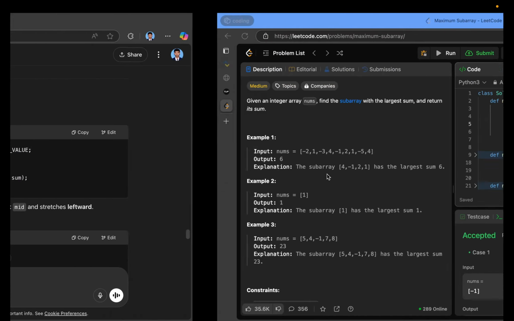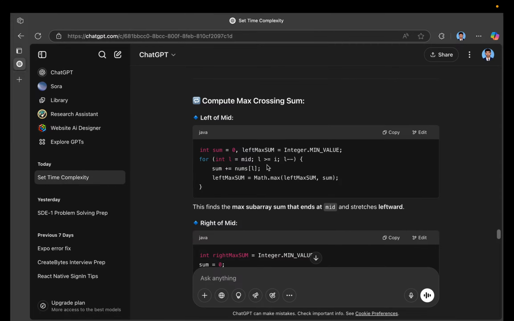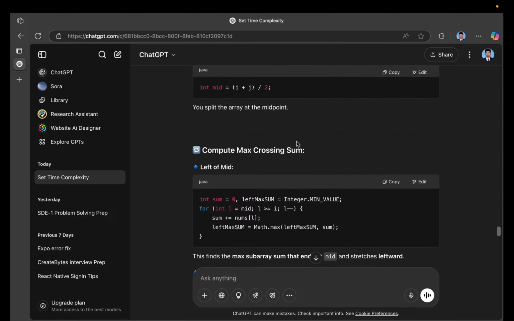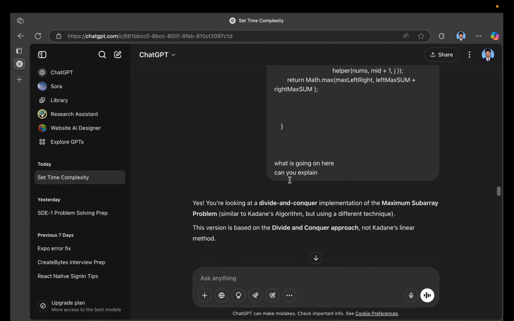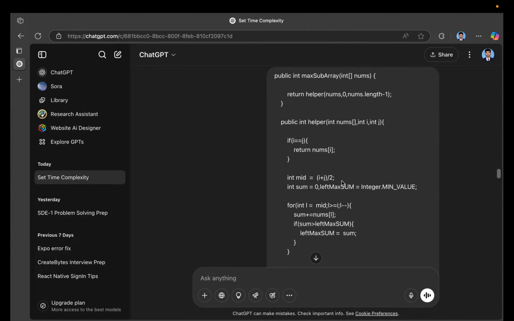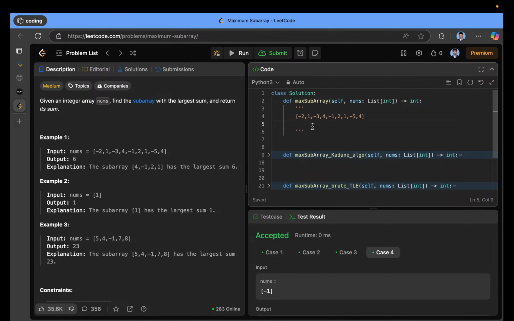Now, which variables is he using? i and j, that max helper, nums, i and j. Okay, he's using i and j.